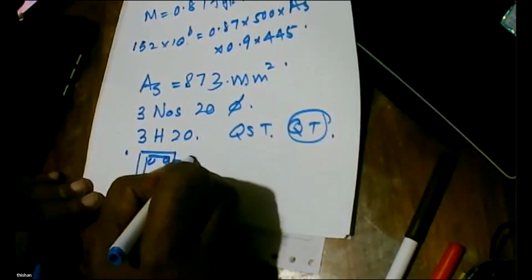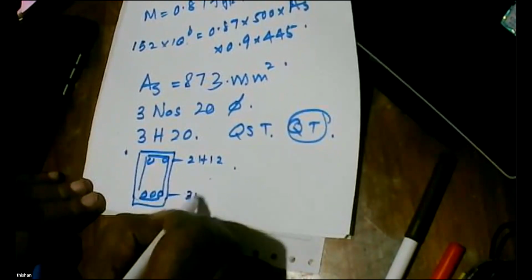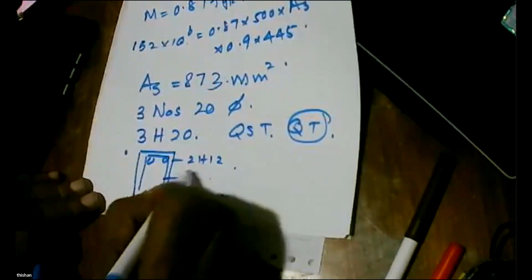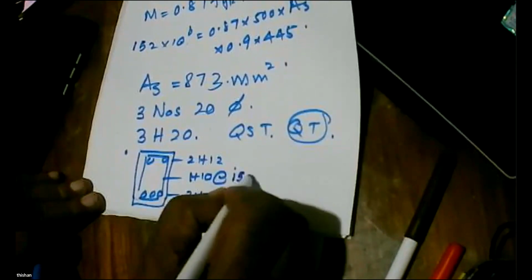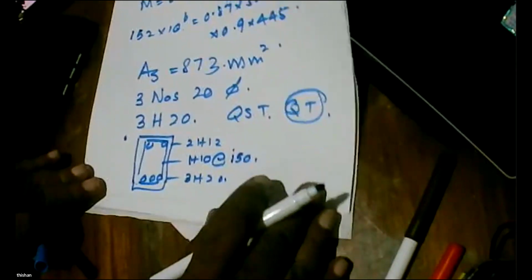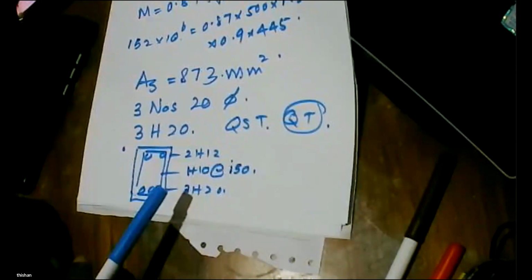Here you might get 2H12, here you get 3H20 and H10 at 150 as the links. So you get all this and the design is over. So you can find the reinforcement, right?